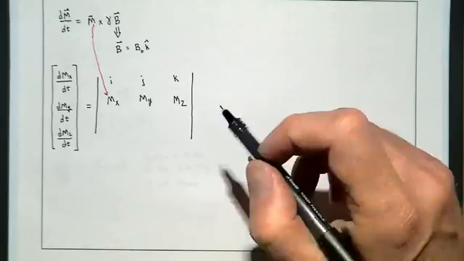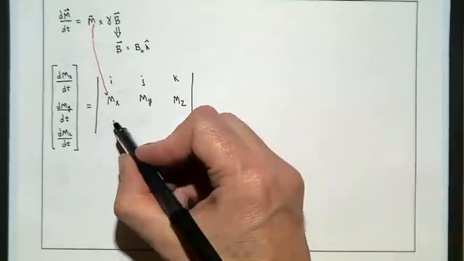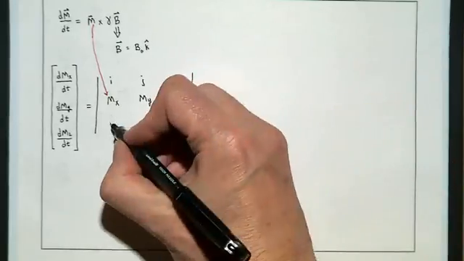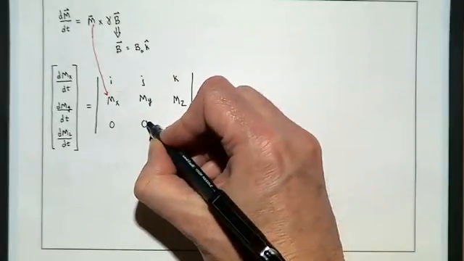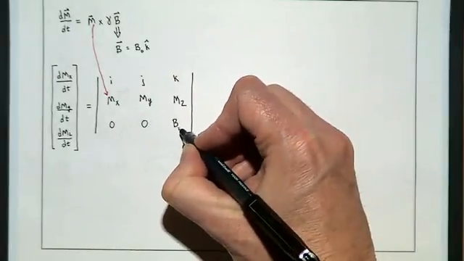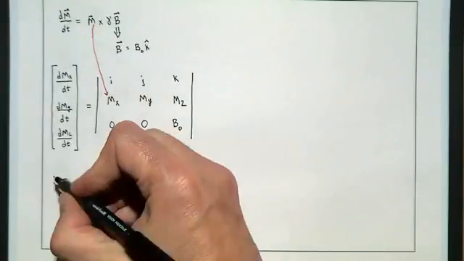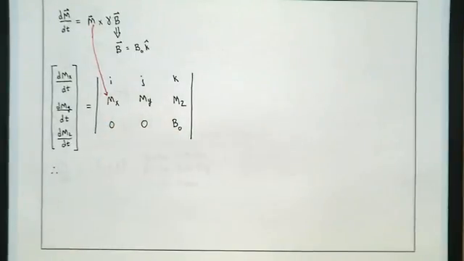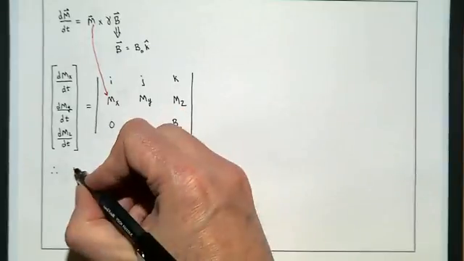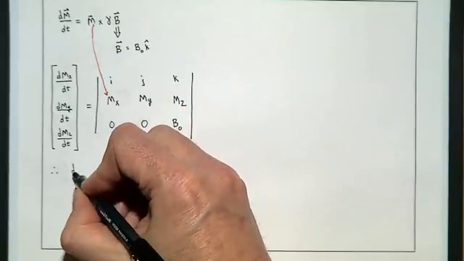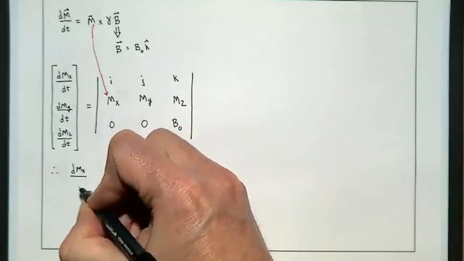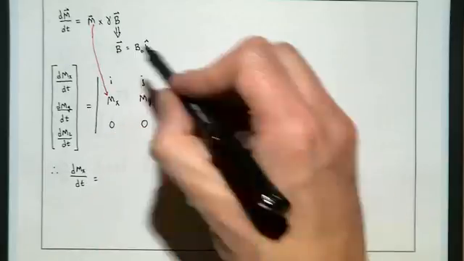And now we need to also include in the last row, if you will, the components of our B field. So what should I write for my first entry? 0. Yeah, 0. Second entry? 0. 0. Third entry? B0. 0, 0, B0. Perfect. Okay, so now I have something that I can work with a little bit more, and I can write out individual differential equations. And by that I just mean I can write dMx/dt is equal to something in this determinant.